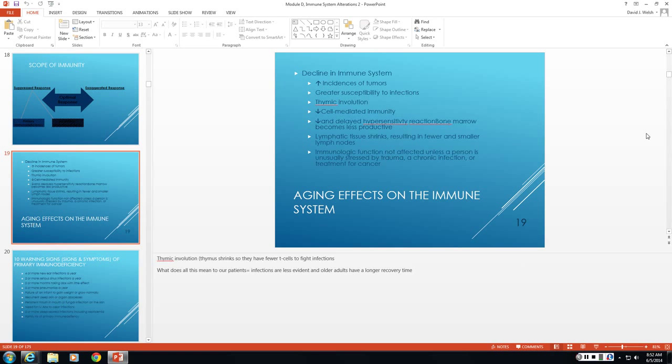And the immunologic function, sorry, I'm not very good at saying these words, are not affected unless a person is unusually stressed by trauma or chronic infection or treatment for cancer.